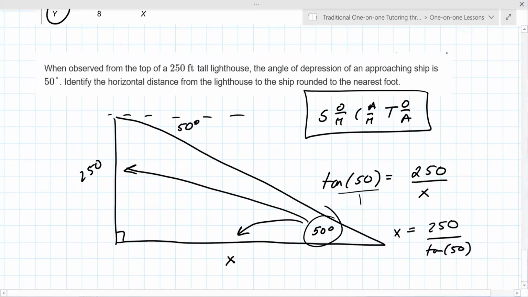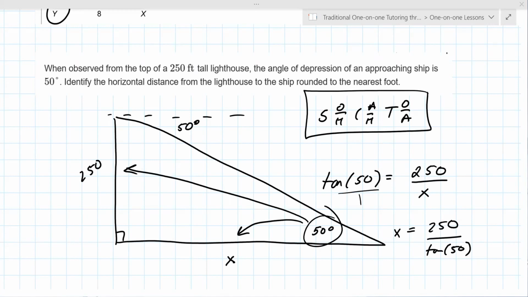Go ahead and get that value. 209.7, call it 210. Great.